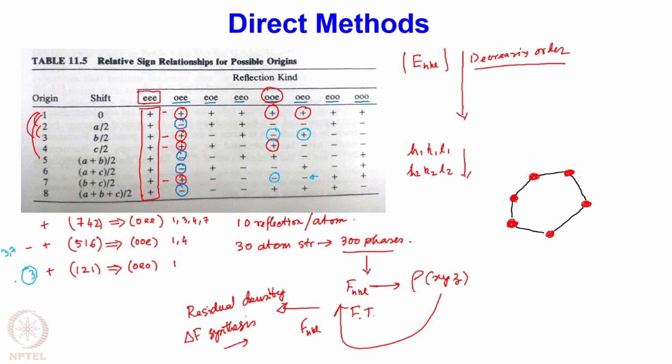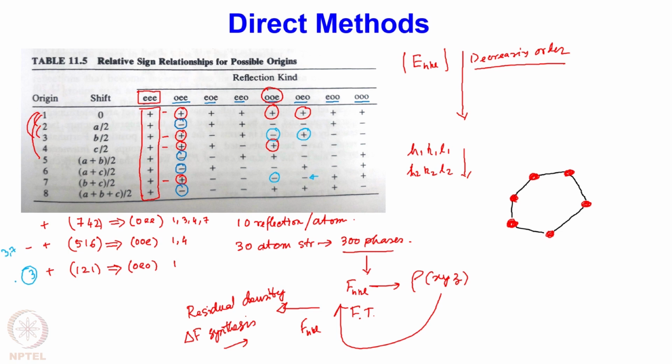So this method was extremely difficult until and unless the computer programs were incorporated, and these phases had to be done by hand, and it used to take a large amount of time to solve one structure.